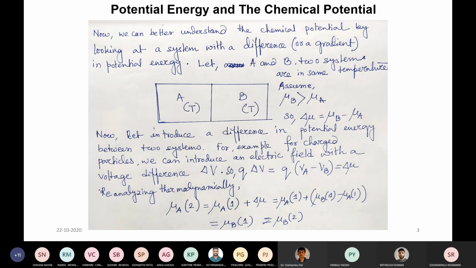Suppose we understand this with respect to potential energy, which is a function of the height of the center of gravity, that is going to tell you about the mechanical equilibrium. Now we try to get the analogy of that. So we can better understand the chemical potential by looking at a system with a difference in potential energy, or you can say a gradient of potential energy.